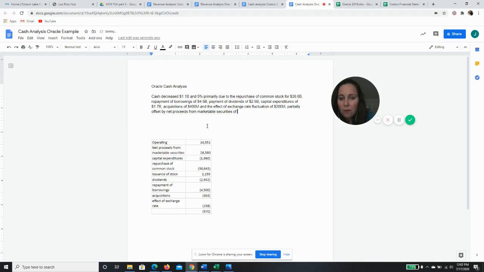Securities of 28.6 billion. Operating cash flow of 14.5 billion.